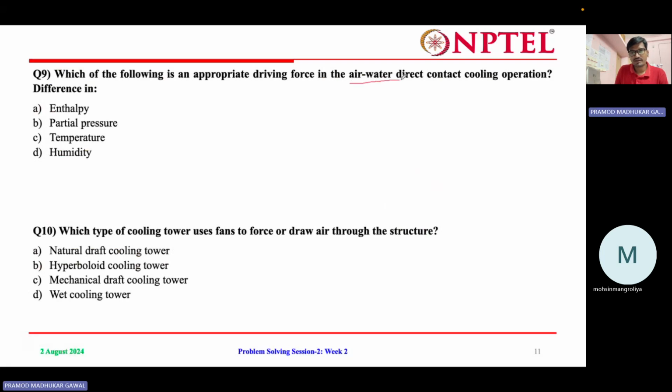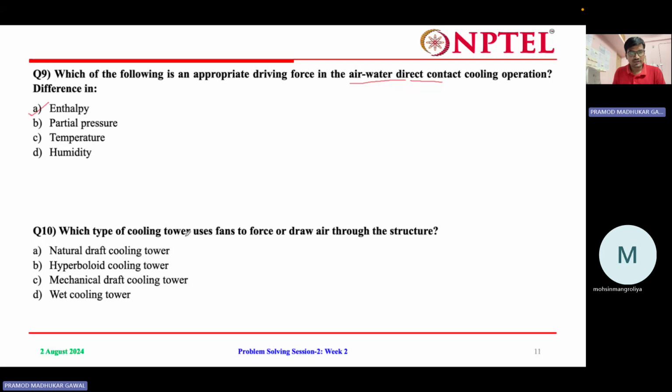Here is the air water direct contact system. I am not sure for this answer. Here is enthalpy. We will see with the help of numericals. Enthalpy is the driving force for the air water direct contact systems.